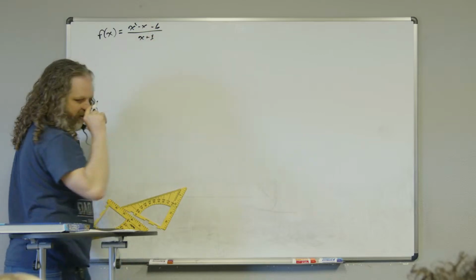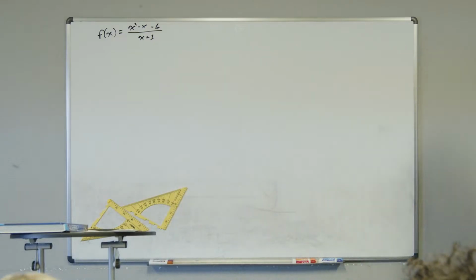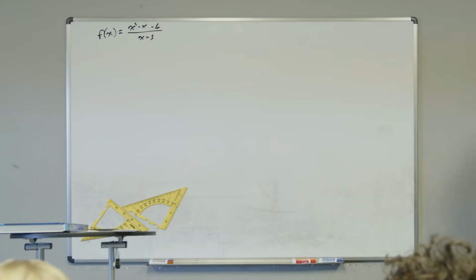By the way, number 9 is a straight line with a hole in it. That's what number 9 is. Number 9 ends up being a straight line with a hole in it.